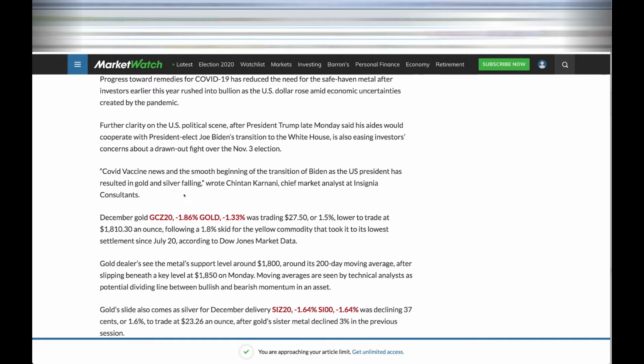The second thing that hit us is that Joe Biden was transitioned into the position. So what happened was, he's not yet confirmed as the president of the United States. However, the federal office responsible for ensuring the transition of Biden has decided to release funds to prepare Biden and his team for the transition.